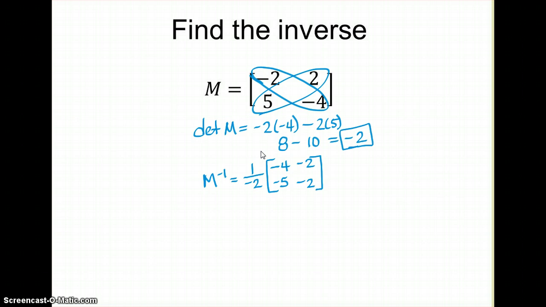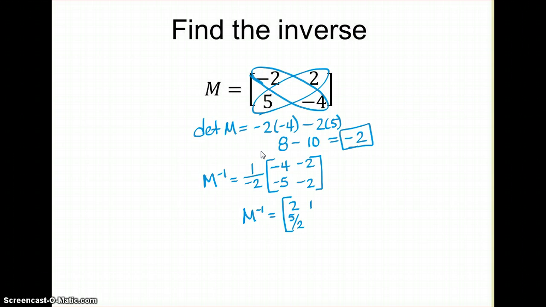And then from here, it's just a scalar multiplication of taking everything times a -1/2. So -4 times -1/2 is going to give me a +2. A -2 times -1/2 is going to give me a +1. A -5 times a -1/2 is going to give me +5/2, which you could also do as 2.5.